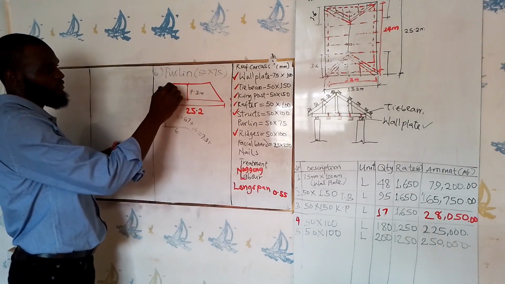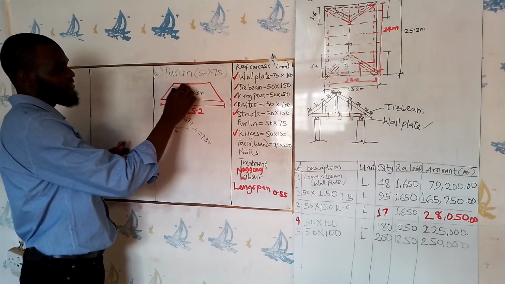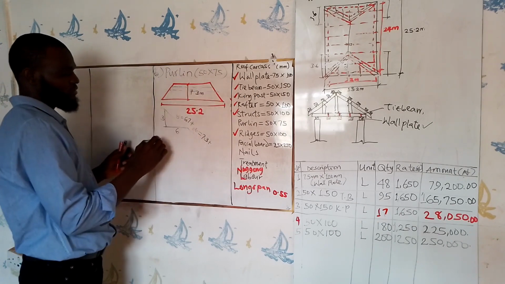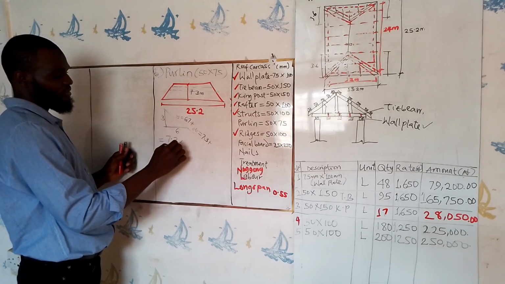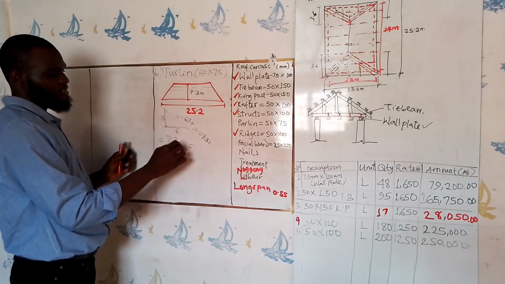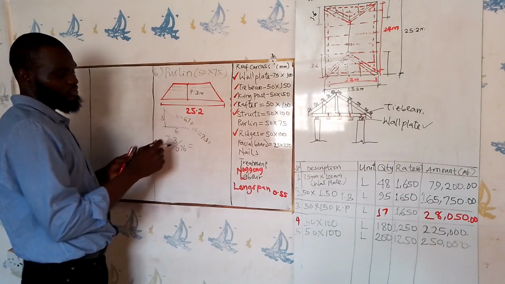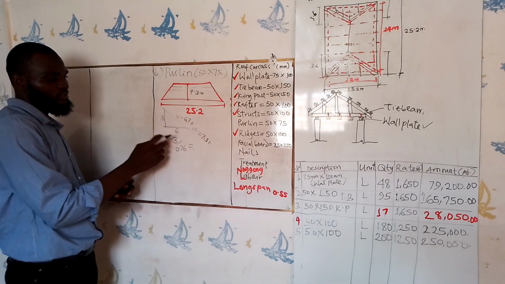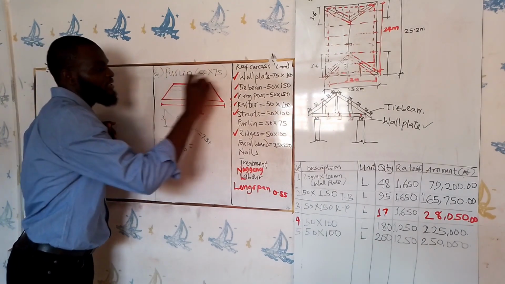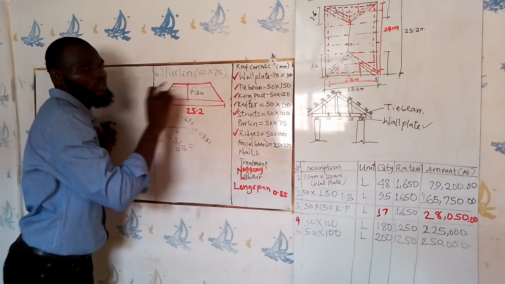So, number of purlins required now. How many in this way do we need? That will be 7.3 divided by 0.76, since the spacing we are using is 0.76 center to center. What will this give us? I want to know how many rows we are going to have this way.